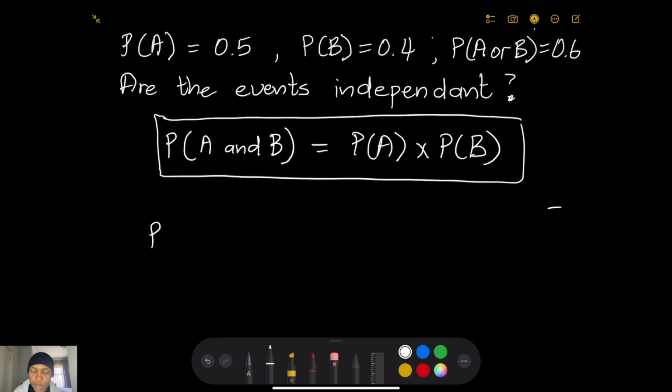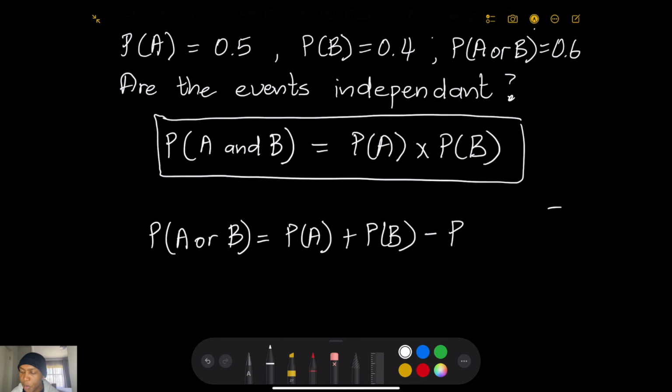Remember, we always say that the probability of A or B is equal to the probability of A plus the probability of B minus the probability of A and B. We're given that the probability of A or B is 0.6, the probability of A is 0.5, and the probability of B is 0.4.